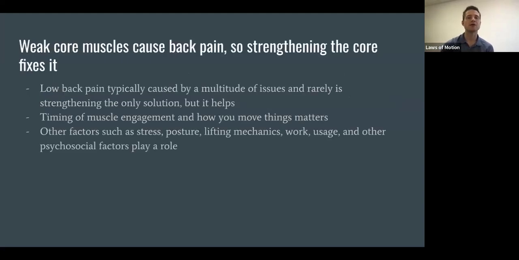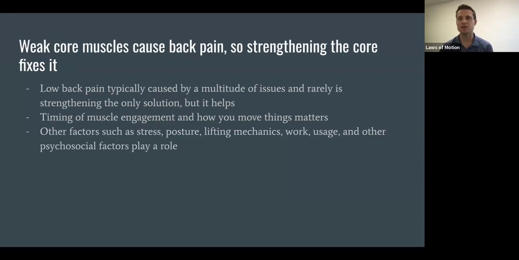So when we look at the first myth, weak core muscles cause low back pain. So obviously strengthening core will fix your low back pain. This isn't always true. Back pain is typically multifactorial, meaning there's multiple things that go into that, whether that is strength, that can be a component of it. Is it a movement piece? Is there stress? Is there certain lifting mechanics, certain sleeping mechanics that are causing the symptoms? Are there issues away from the back?